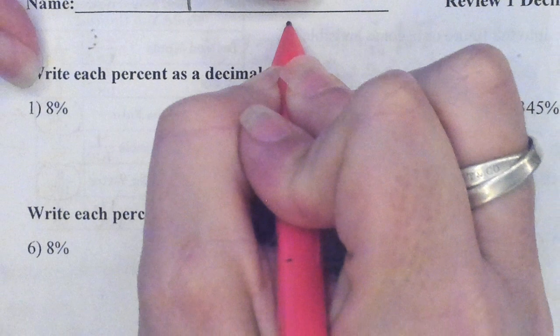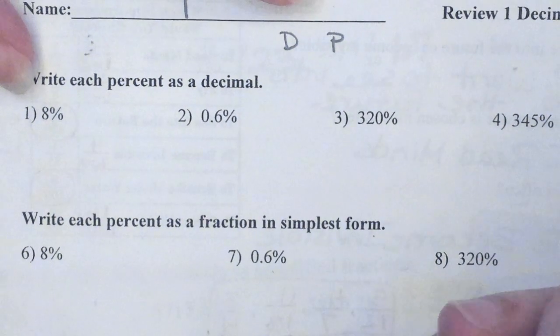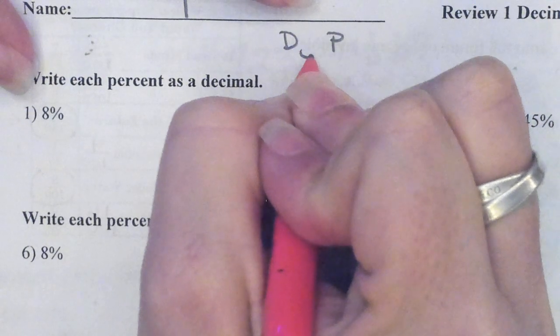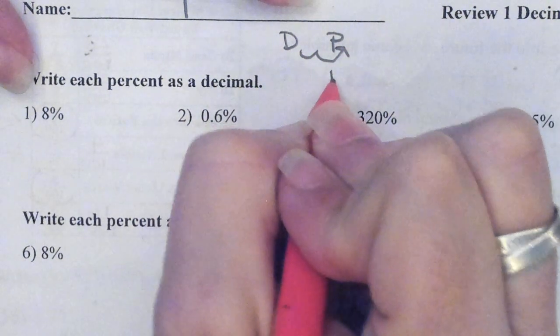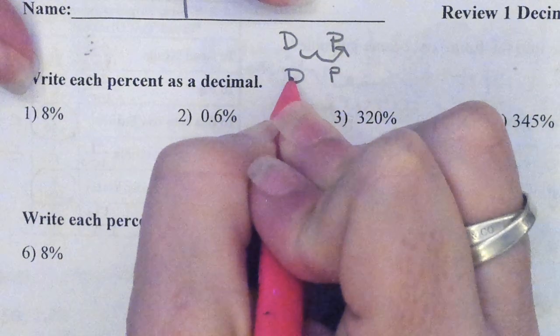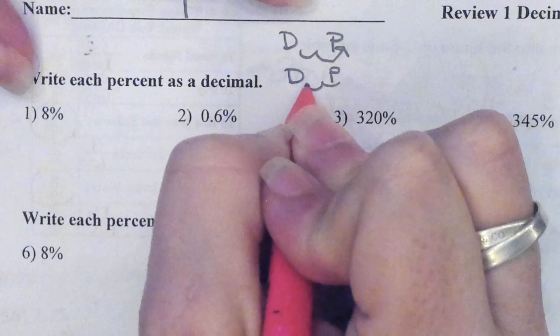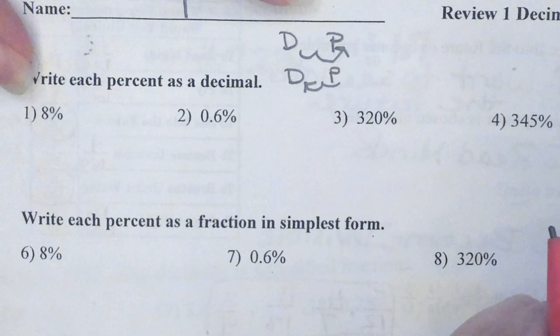Look, decimal to percent. Which way do you go down the alphabet? Left to right. That way. If you are going percent to decimal, that way. The keyword being of, not off.